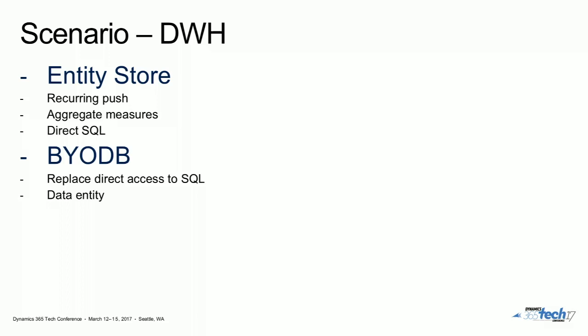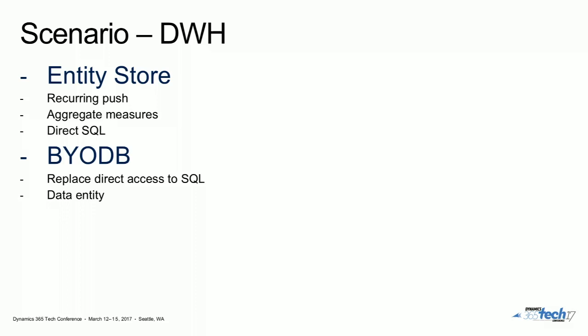In terms of scenarios, when we talk about integration, we also wanted to talk about data warehousing. I'm sure you are confused by the two options available there. One is entity store, and the other concept is bring your own database.